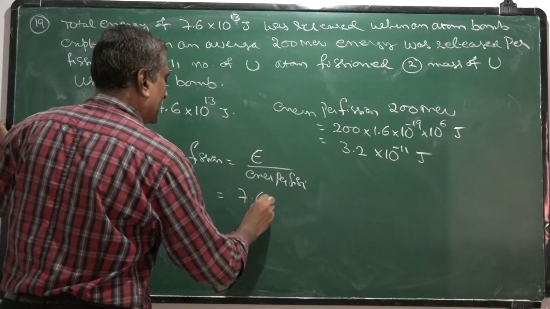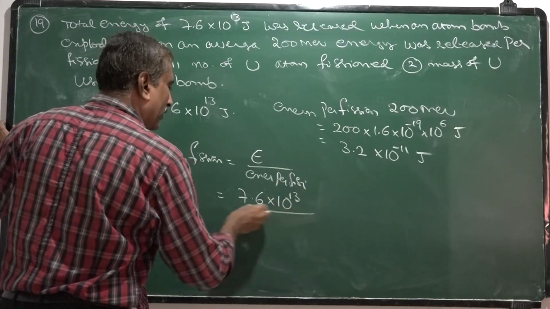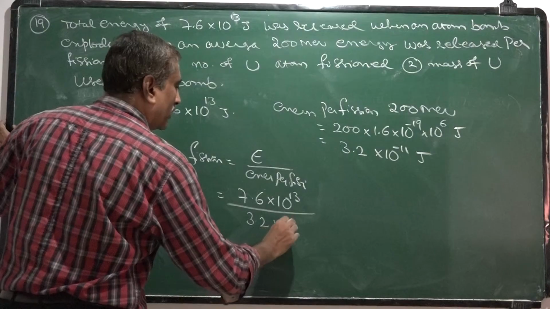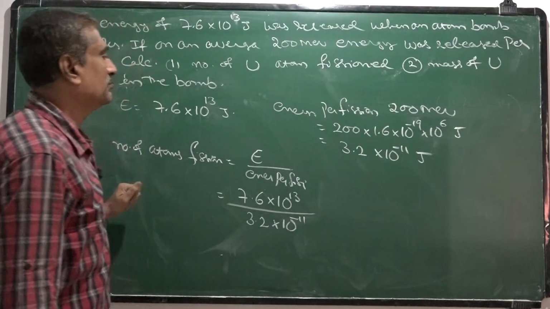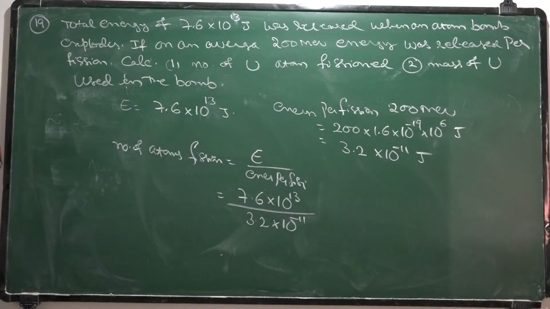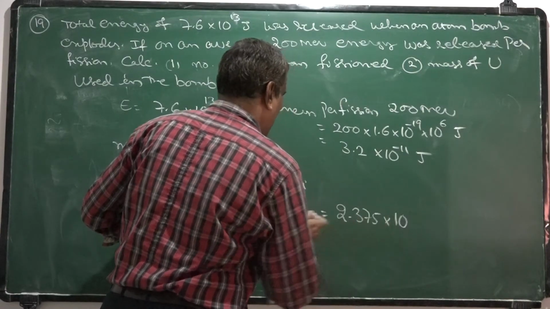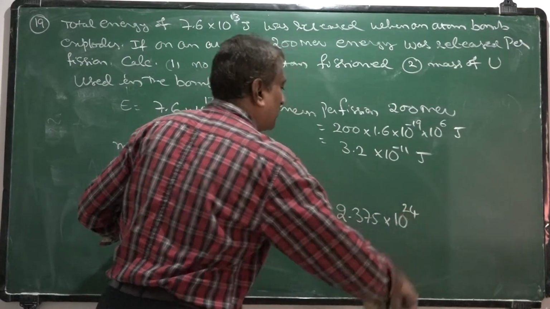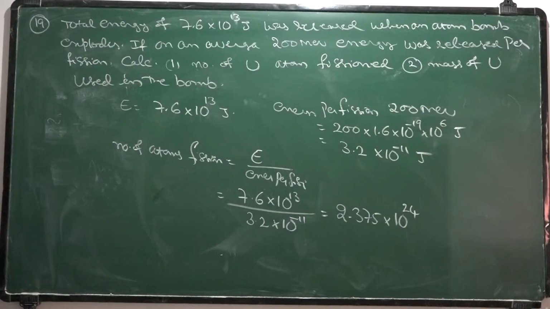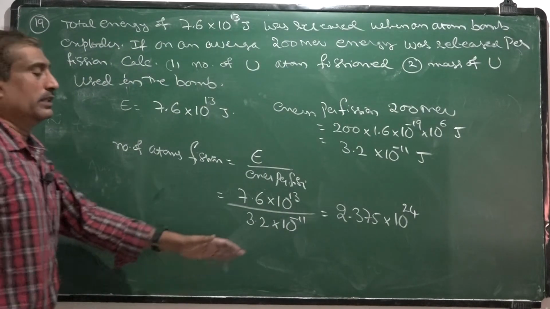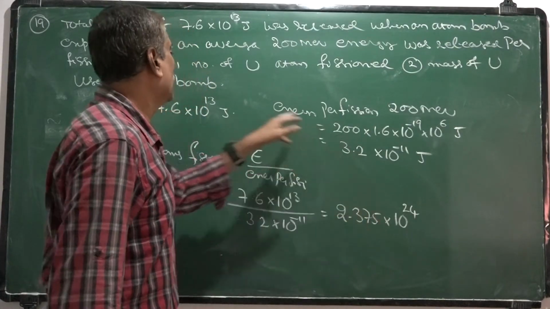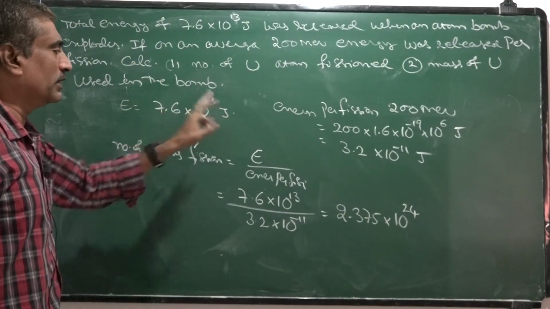That is 7.6 10 power 13 divided by 3.2 into 10 power minus 11. And this is approximately 2.375 into 10 to the power, this total becomes 24. So this many fissions take place to release an amount of 7.6 10 to the power 13 joule.